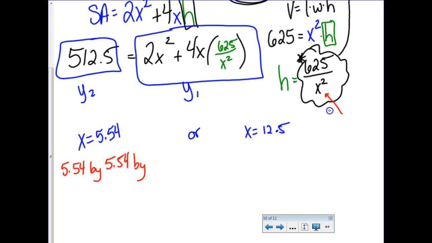What's 625 divided by 5.54 squared? About 20.4-ish? Does that come out to that? Okay. So that could be the dimensions of the box. Or, according to our calculations, the base could be 12.5 by 12.5 by, now this time, plug in a 12.5 right there.